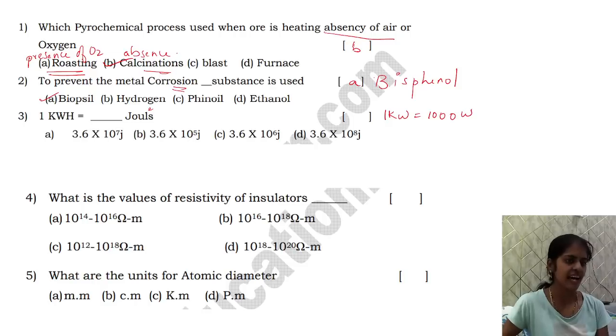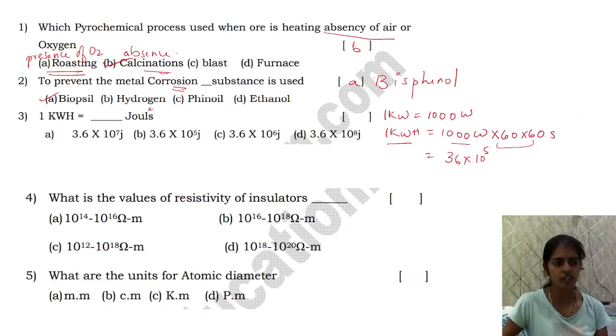So 1 kWh is 1000 watt times hour, and hour I can write as 60 minutes into 60 seconds. 6 into 6, 36, into 10 power 3 and 10 power 2, that is 10 power 5. Or you can write the same as 3.6 into 10 power 6 joules. Clear? So where is the option? 3.6 into 10 power 6. Yes, option C is correct.